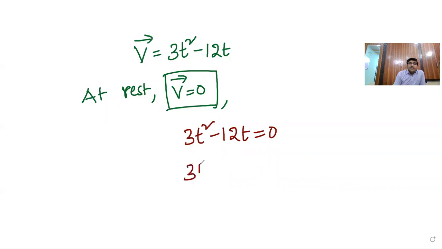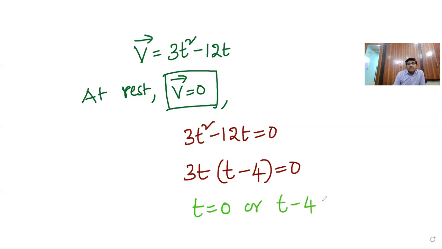So 3t is common. 3t into t minus 4 is equal to 0. So 3 cannot be equal to 0, a number cannot be equal to 0. That means the only possibility is either t is equal to 0 or t minus 4 is equal to 0.